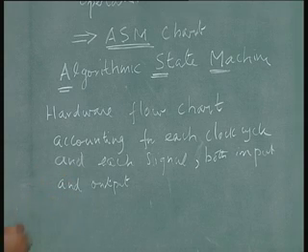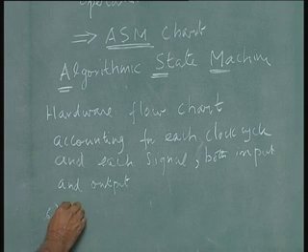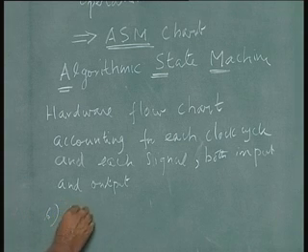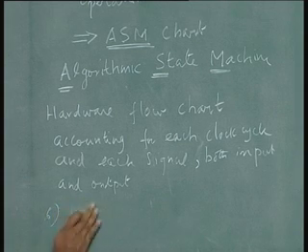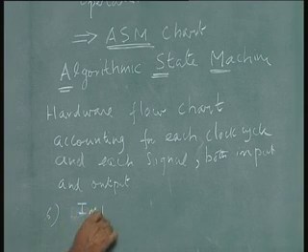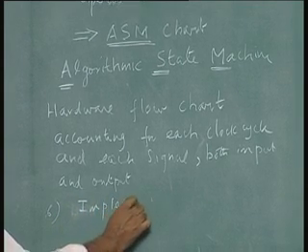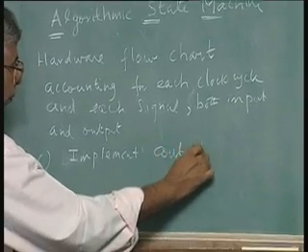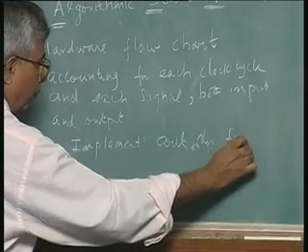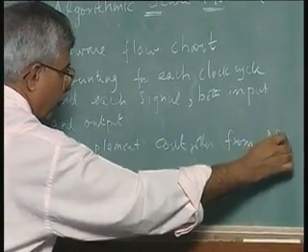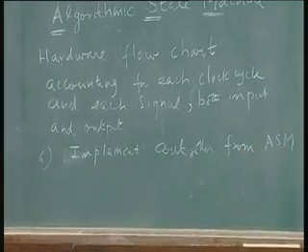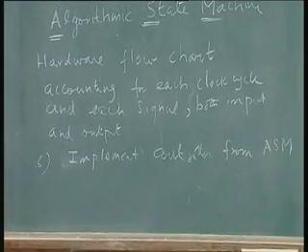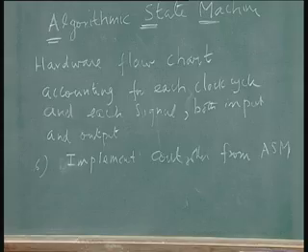So, from ASM the next step is I will say design the hardware, design controller, or I will not even say design, I will say implement controller using ASM. This implement also is a too big a word, I will rather say map it.